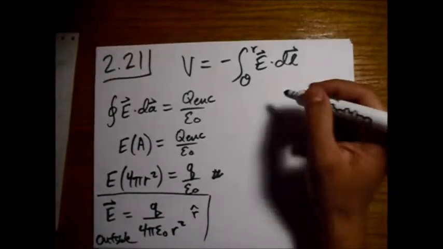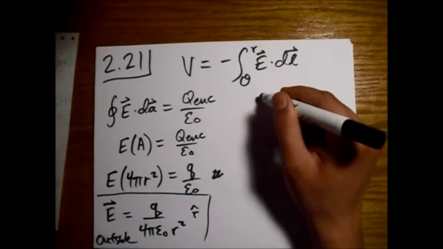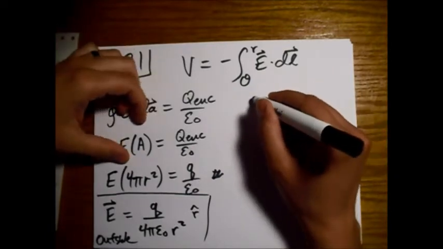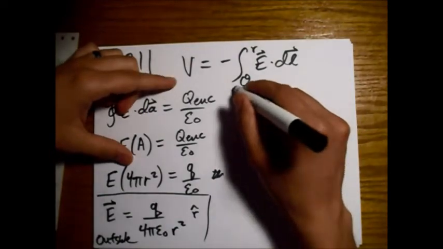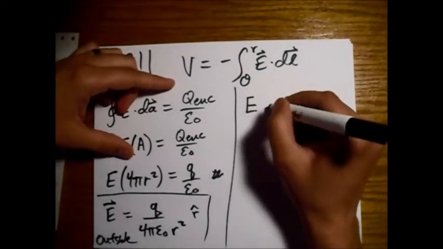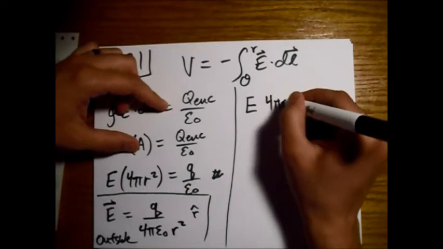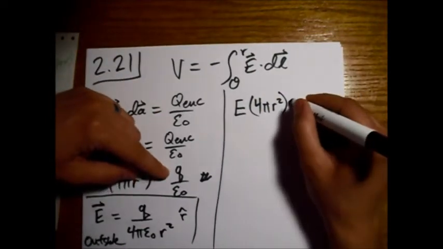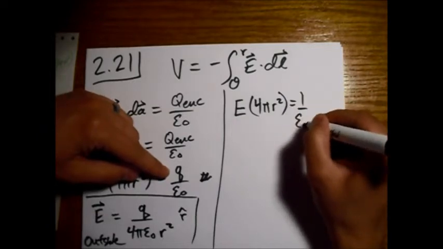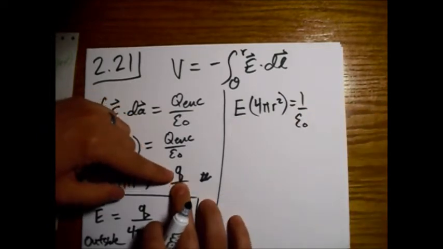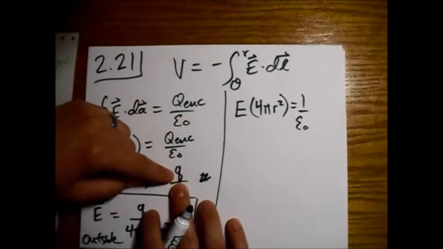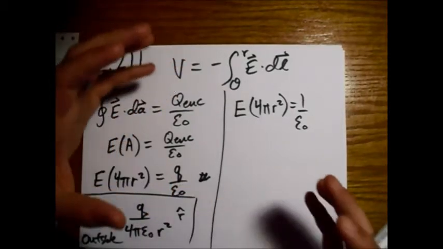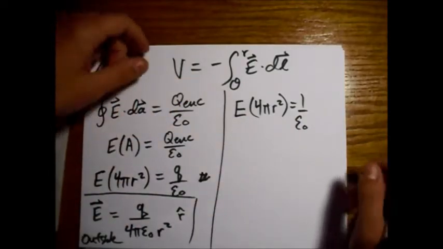If we go ahead and look at inside, we have the same thing. So 4 pi r squared is the area. We'll still have this 1 over epsilon naught, but the tricky part is how much of this little q is contained inside our Gaussian surface.